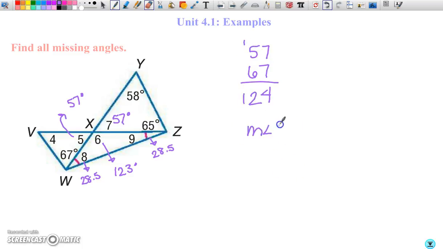To get the measure of angle 4, we take 180 and subtract 124 from it, which is 56 degrees. So angle 4 would be 56 degrees. There we go. We worked our way around the whole figure, starting with the easiest and using the relationships and things that we know to get to the end.